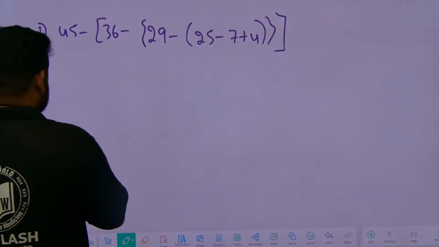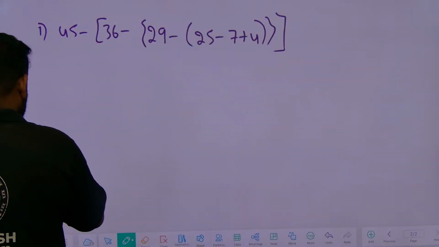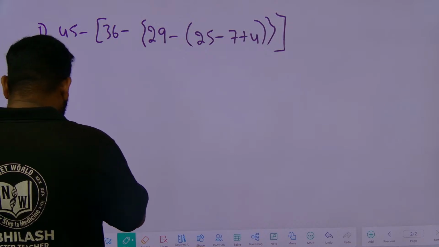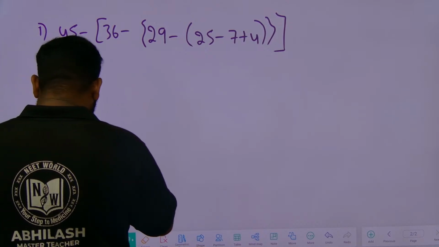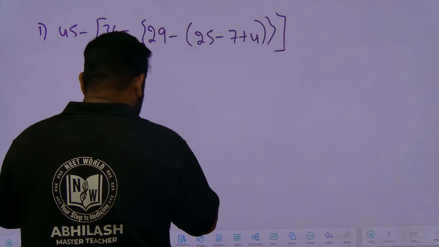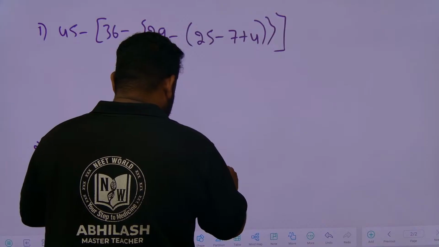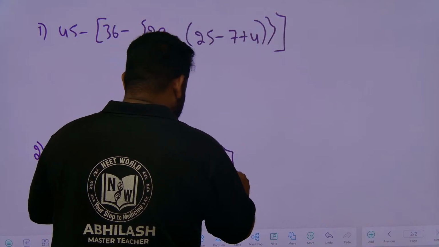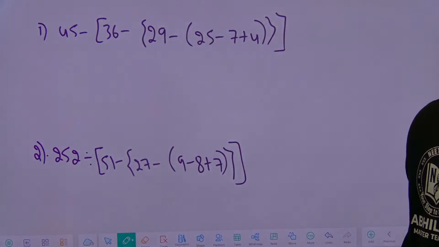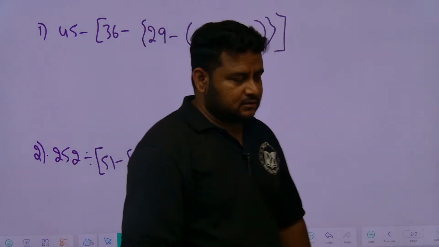Let me take up the second question also. Next we are having 252 divided by 51 minus 27 minus 9 minus 8 plus 7. Flower bracket, then the square bracket, then the square bracket.